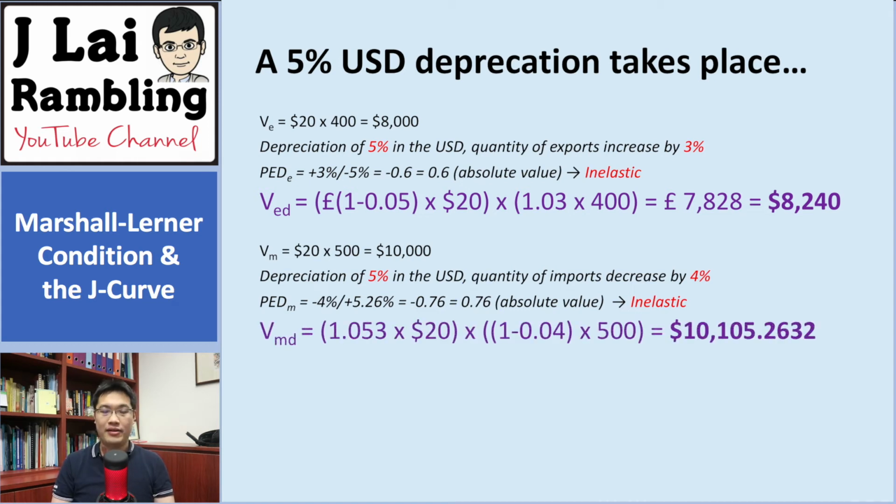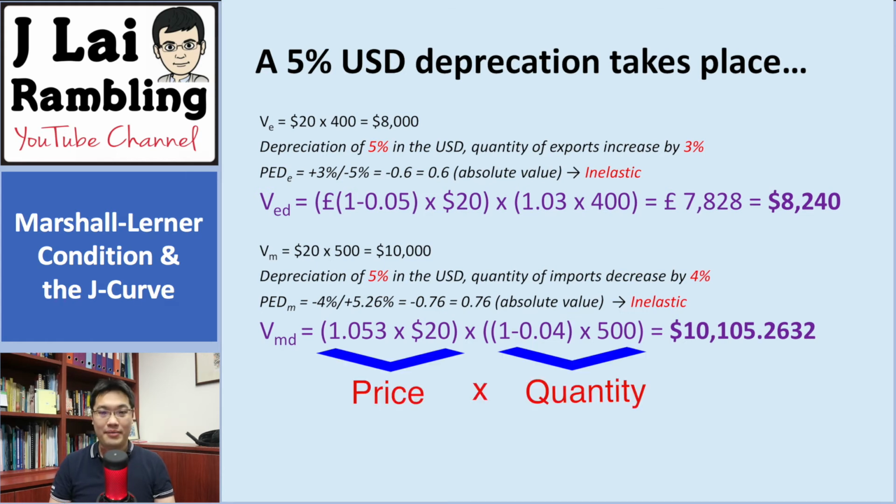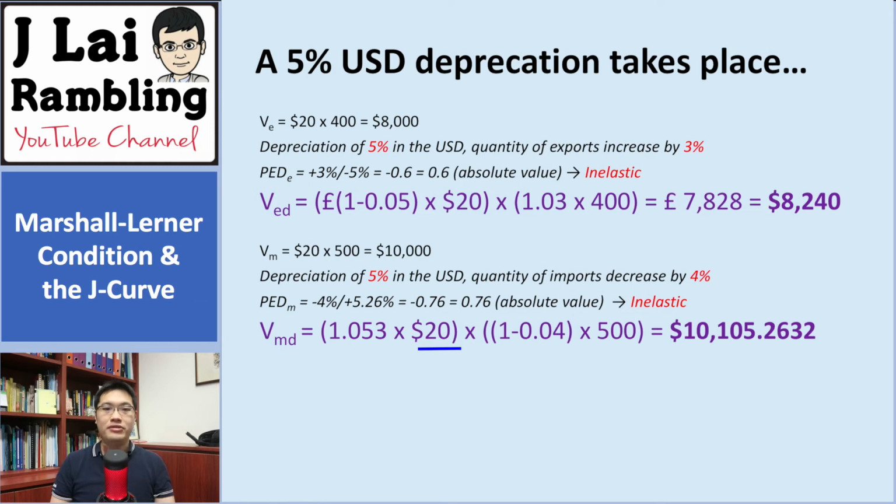And here, this is the mathematical expression for the new value of imports after the depreciation has taken place. Once again, it's the price multiplied by the quantity. The price is now $20 multiplied by the increase in the value of the pounds, okay, which in this case is 5.26%. But here for simplicity, I've shortened this to 5.3% or 0.053.